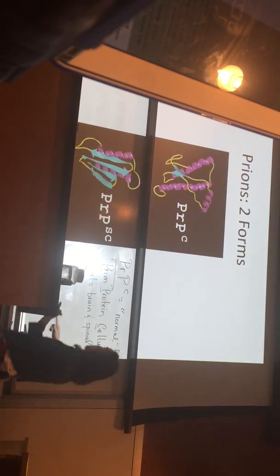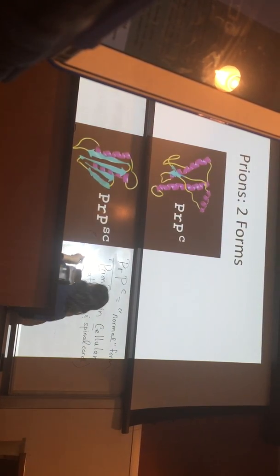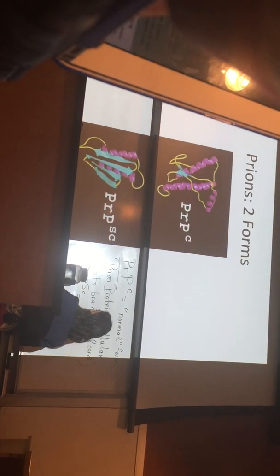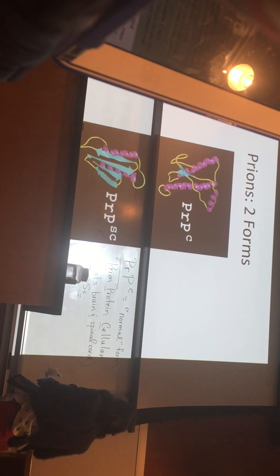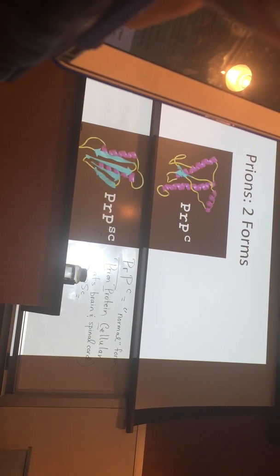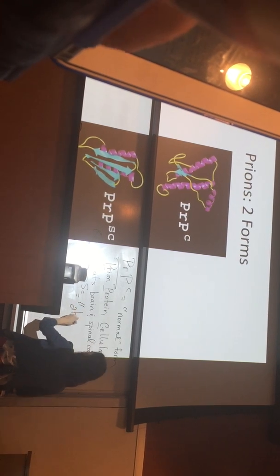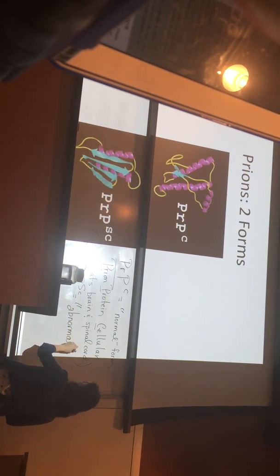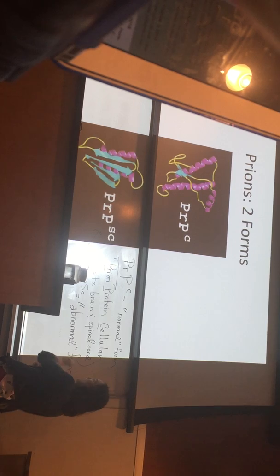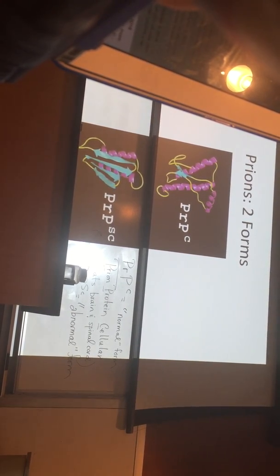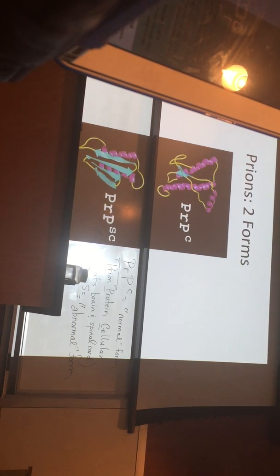And on the bottom, I have a picture of the abnormal form called PrP-Sc. And PrP-Sc is the abnormal form. Or you can kind of think of it as the infectious form. So we got the abnormal form, infectious.